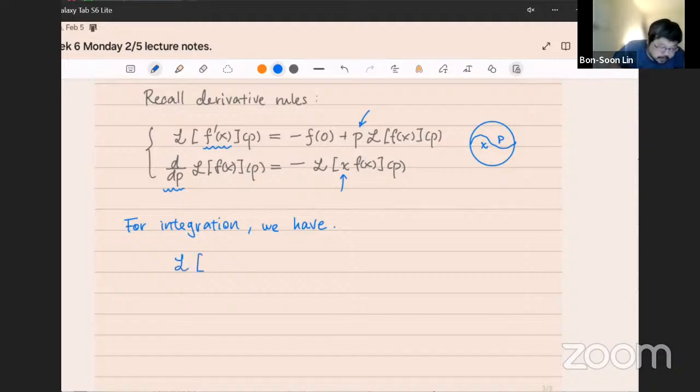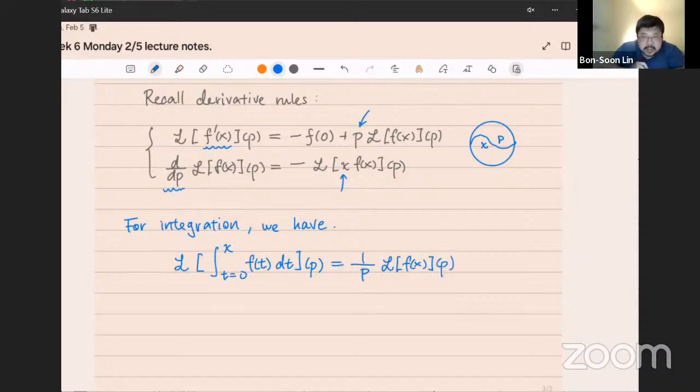The Laplace transform of the integral from t going from 0 to x of f of t dt. So if I integrate this, I now get a function of x. If I compute the Laplace transform, we get a function of p. And what we're going to get is this.